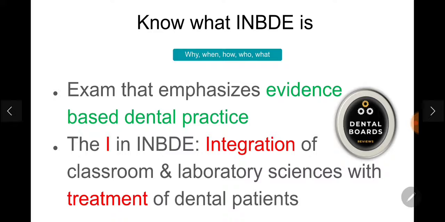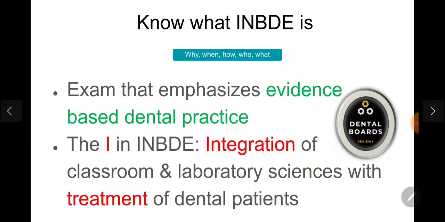is to make sure that the candidates are not just good at the Part 1 part, the basic sciences, or just good at the clinical part, but that the candidate is very good at treating the whole patient using evidence-based scientific methods.